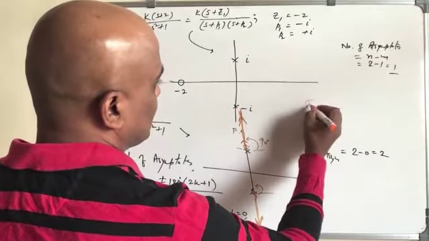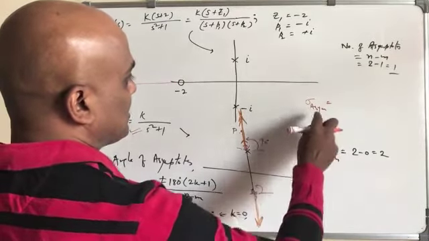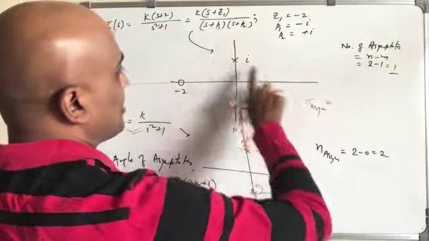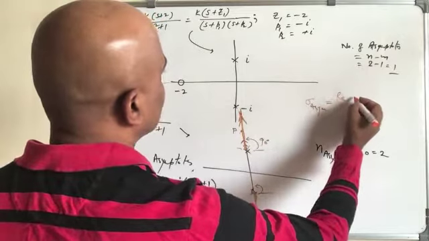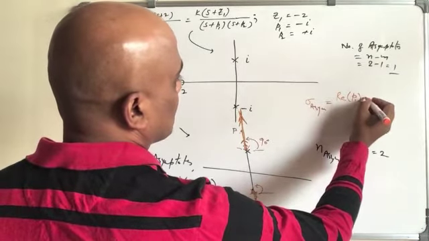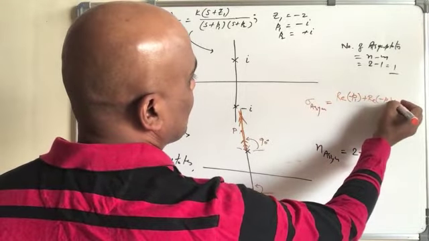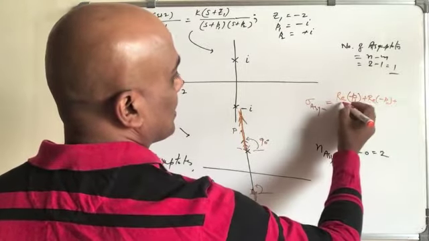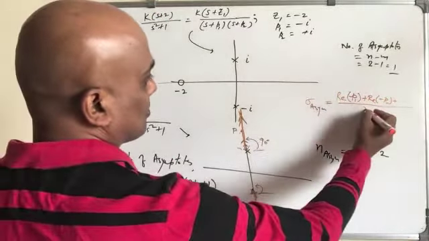The sigma asymptote, meaning where it meets the real axis, will be equal to: we have P1, P2 and so on, so you write the real of minus P1 plus real of minus P2, and so on, divided by n minus m.